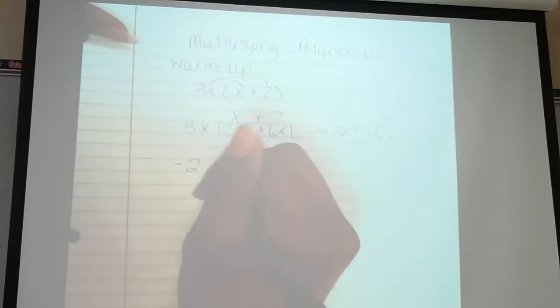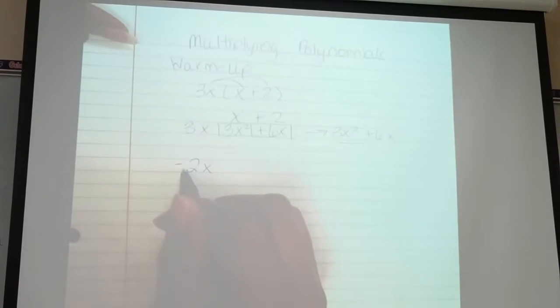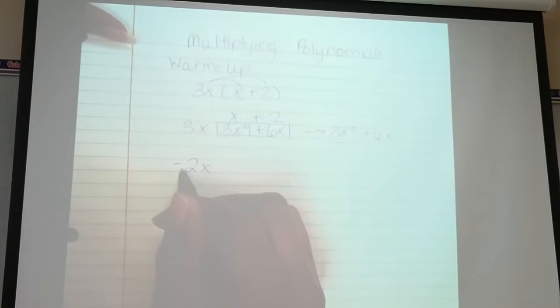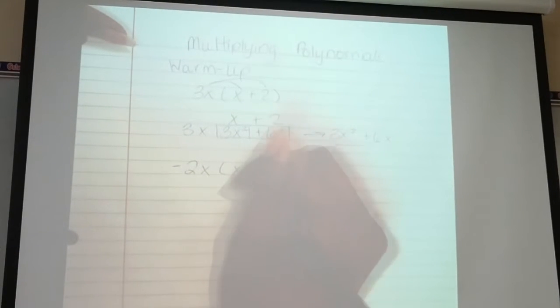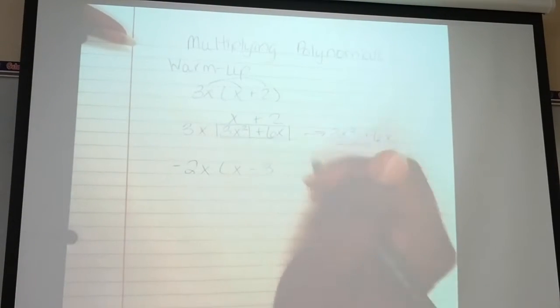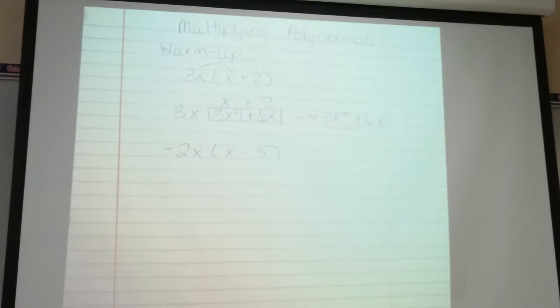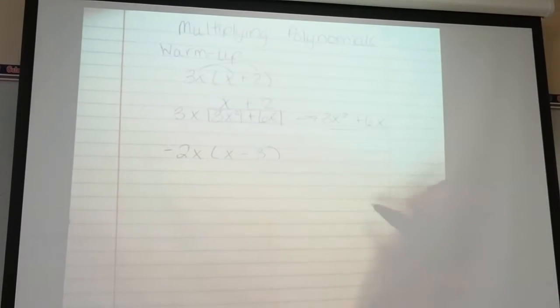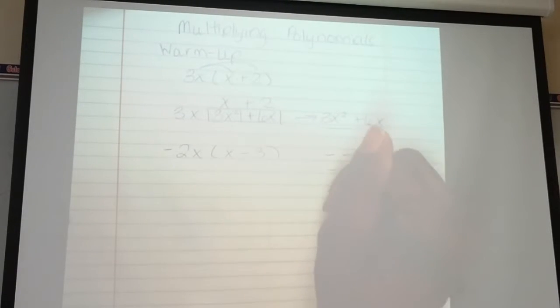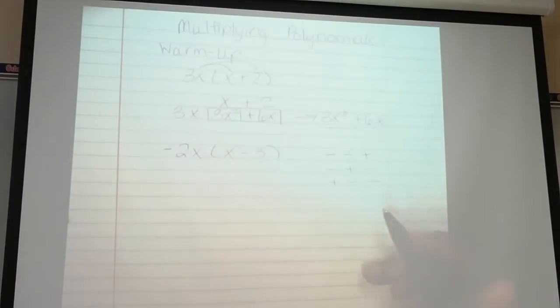So this time we're going to include negative numbers. Just in case you forgot about multiplying negative numbers, you can always create your tic-tac-toe chart. A negative times a negative is a positive.